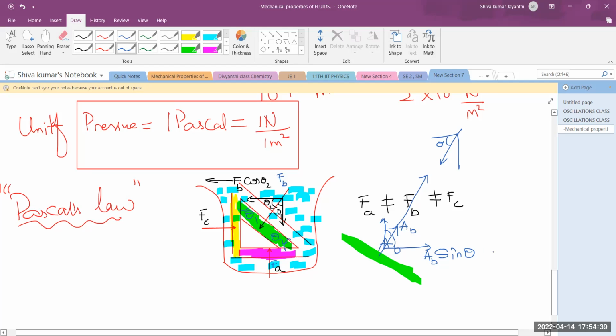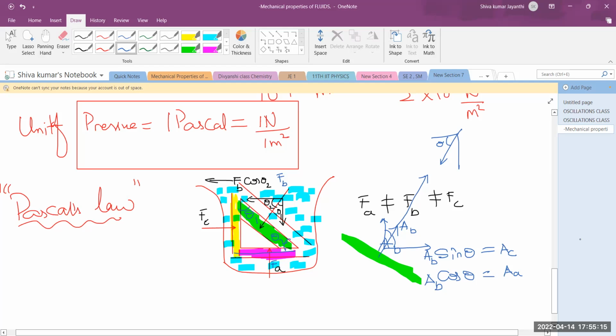AB sine theta will be equal to AC. What is AC, by the way? Similarly, the other component, AB cos theta, will be equal to the area A of the bottom surface.